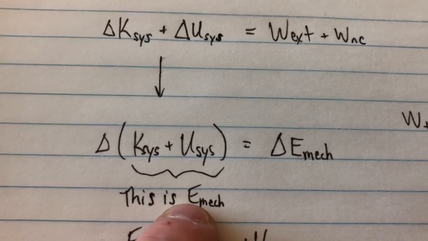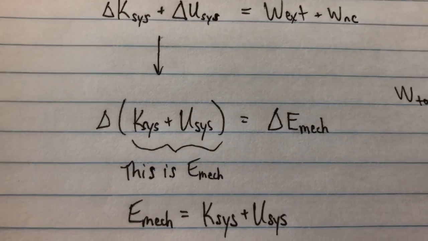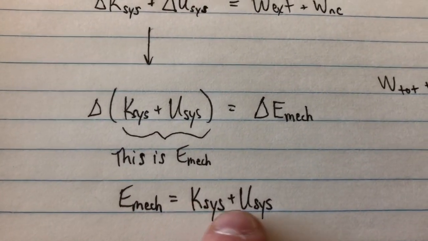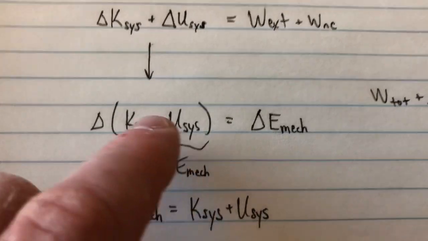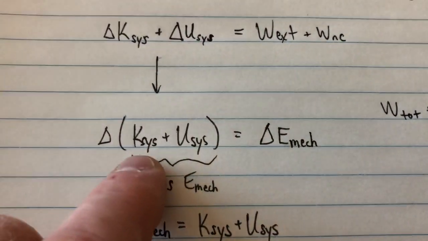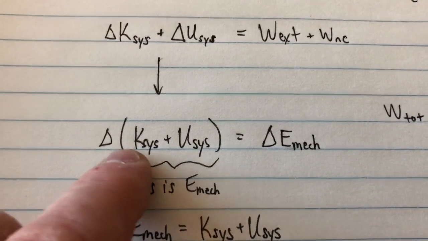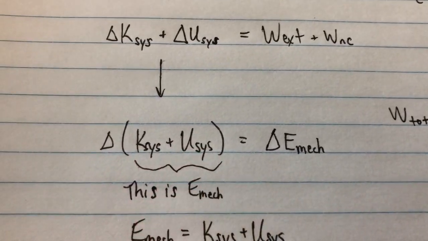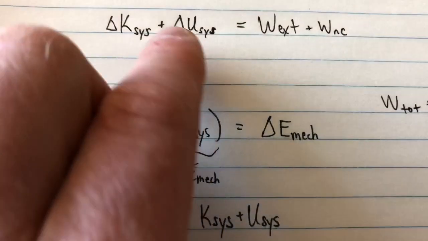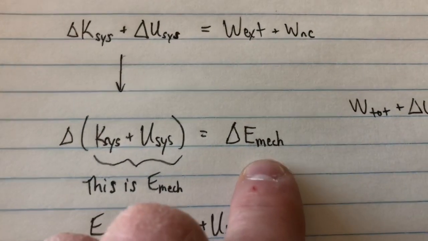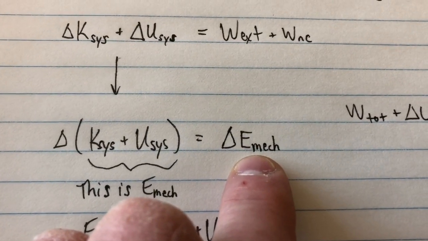This is a definition. Mechanical energy is the combination of kinetic and potential. So this got rewritten as this, and then we defined this thing inside the parentheses as mechanical energy. So this is really just the total change in mechanical energy.